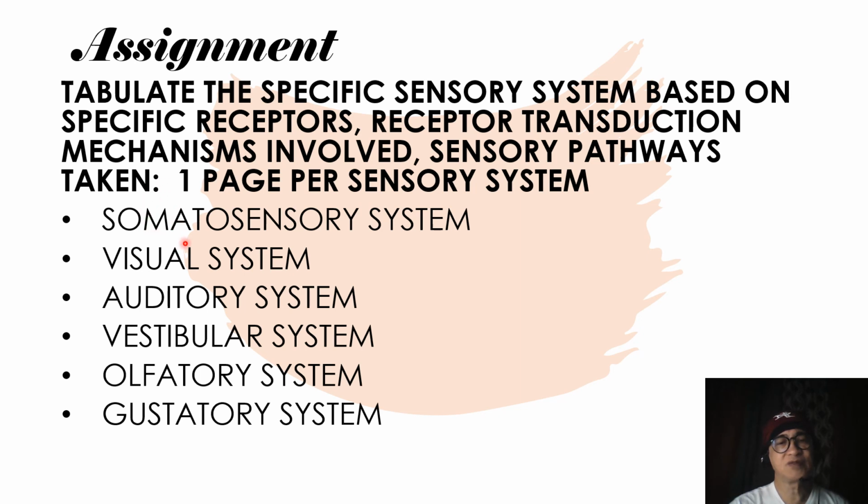You have to do this for each of the specific sensory systems, like somatosensory, visual, auditory, vestibular, olfactory, and gustatory systems. If the write-up of receptor transduction mechanisms is too long, you can use several pages for the assignment.